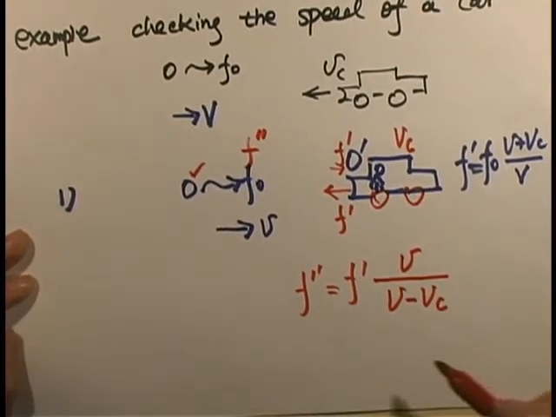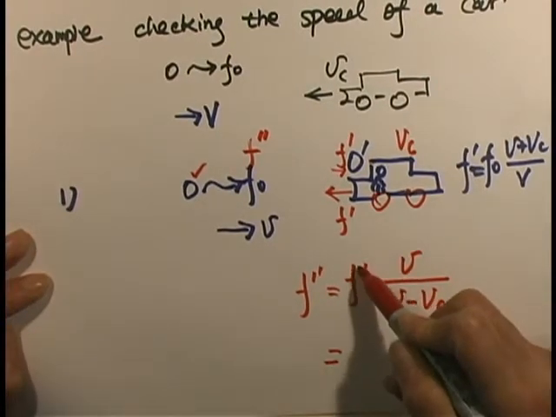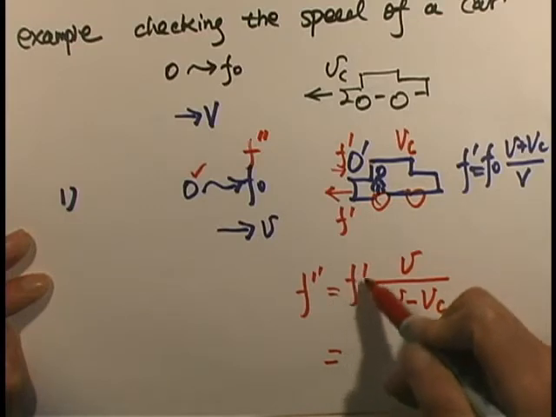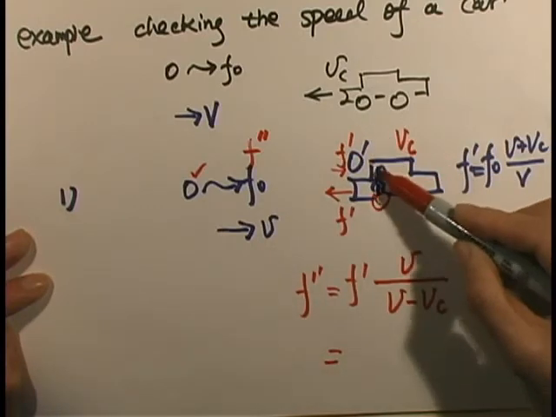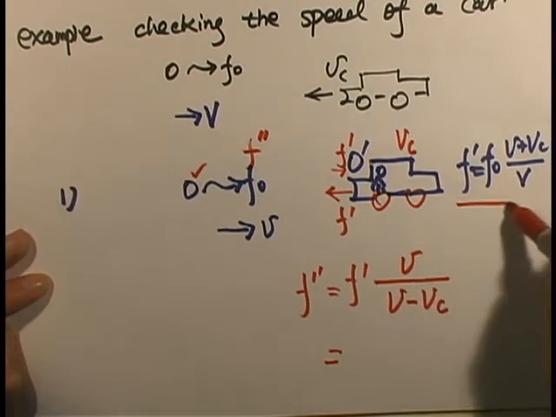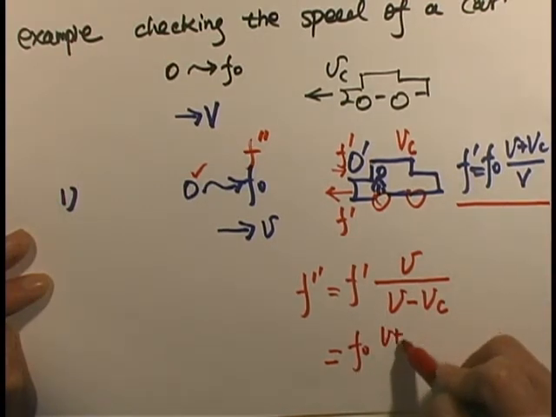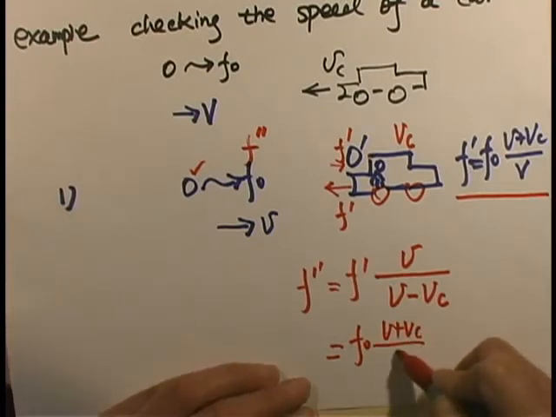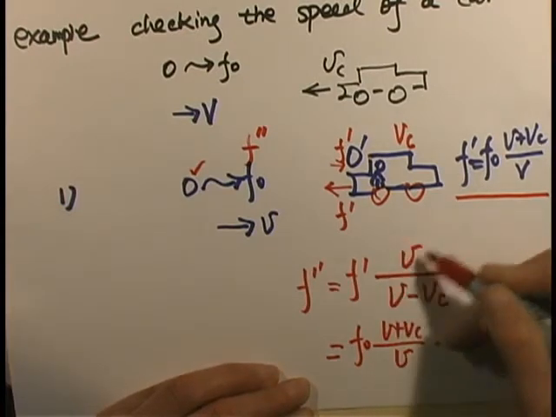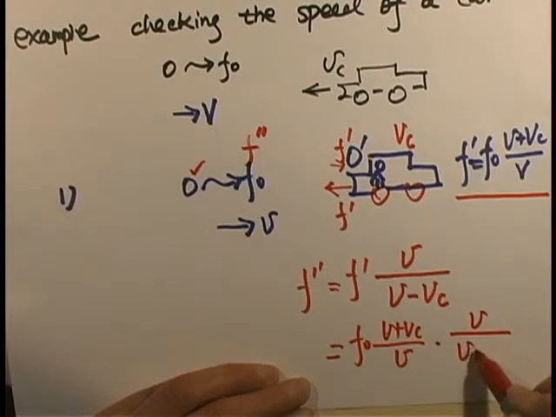So it's that. Now we know that for the first step, f prime is the frequency received by the car. It's coming from here. So we replace it by f of o times v plus v of car over v, and here is the rest of it.